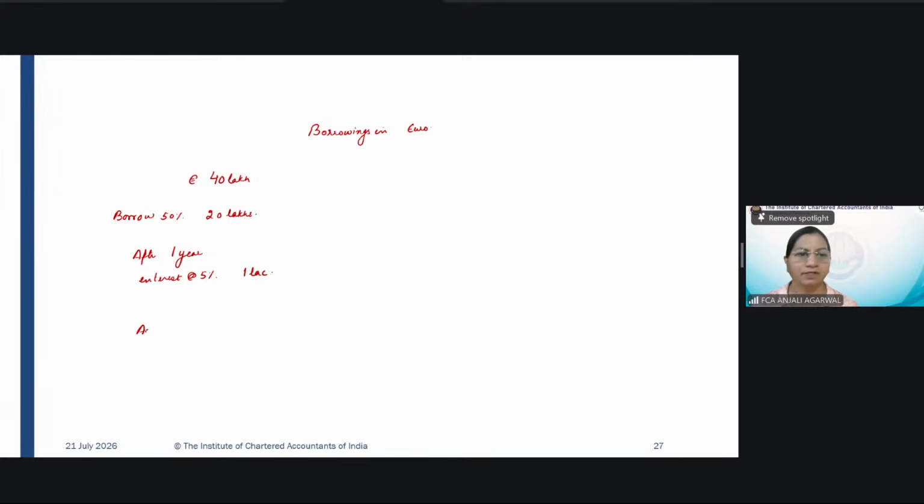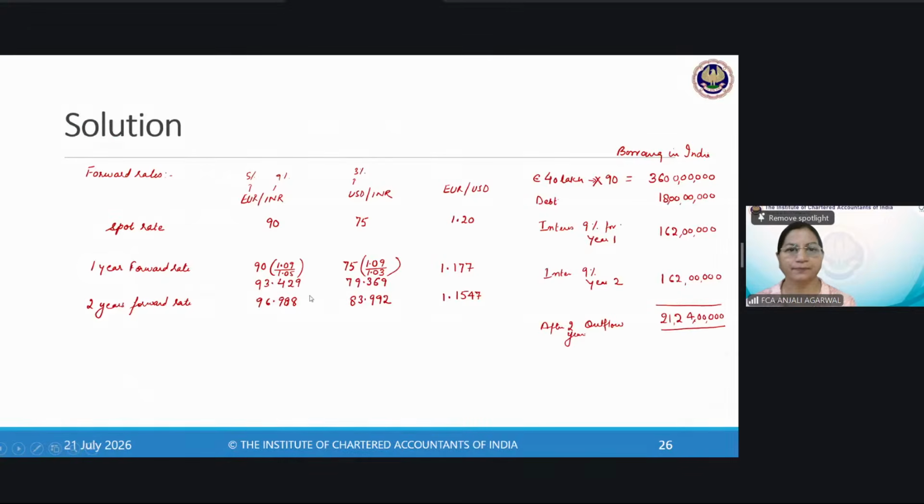And after another 1 year, you will pay interest again at 5%, 1 lakh euros. Then you will repay 20 lakh euros. So here, if we convert it into Indian rupee, the interest you pay after 1 year is at 1 euro equivalent to 93.429 rupees.